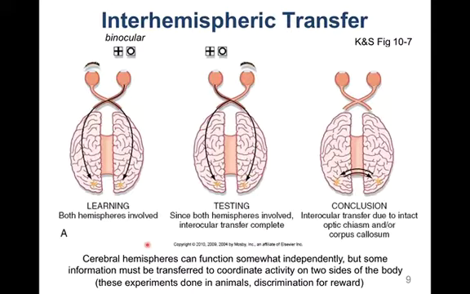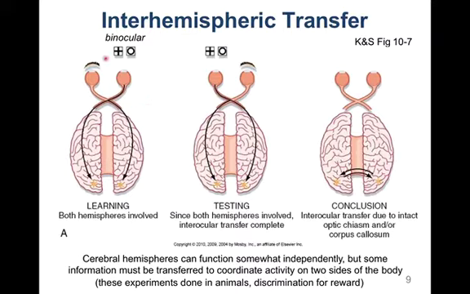Hopefully that makes sense. All right, well, let's continue on with some interhemispheric transfer experiments. And just want to stress, we were just talking about asking a question of a human subject. These experiments would have been done in animals. Okay. Mice, rats, or maybe even non-human primates, but in any case, non-human subjects.